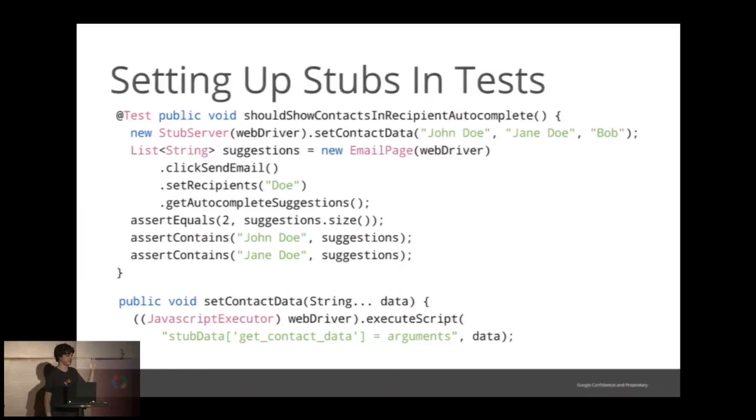So the end result of doing this means that when I run my test and start typing in the recipients field here, I'm testing my application just as I would normally. It'll execute all of its normal code, and then at the very last moment, when it was about to make a call down to the server, it'll instead just read this JavaScript variable and return back to my application directly. So it'll run very quickly. There will be no server call. There's nothing to start up.